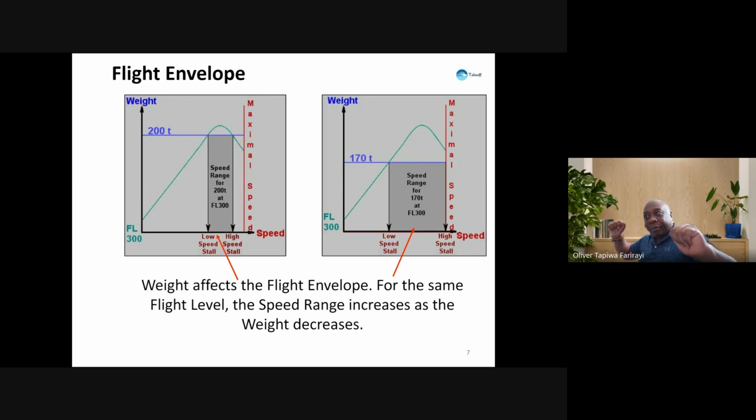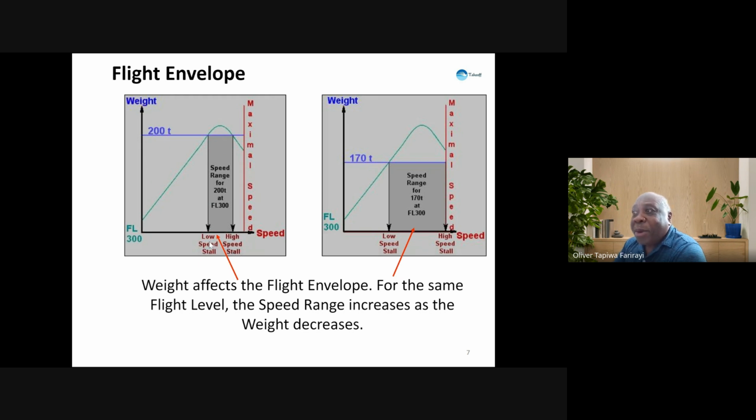But we are not always going to operate at maximum speed, although we would want to. So those factors will tell us what speed is best to operate at when at this level. So the speed here, you can see, is a very short speed range between the low speed and high speed.